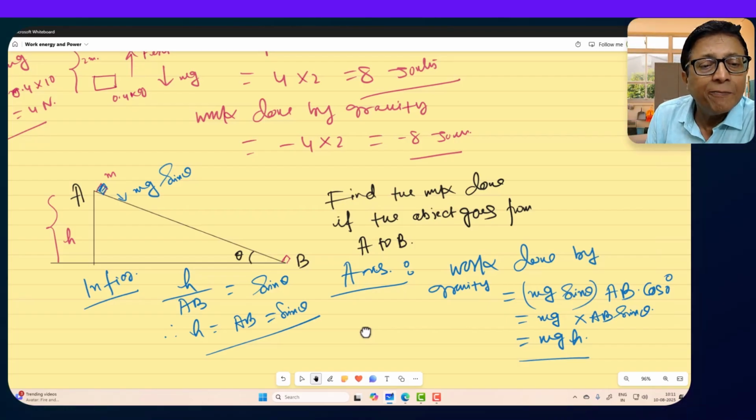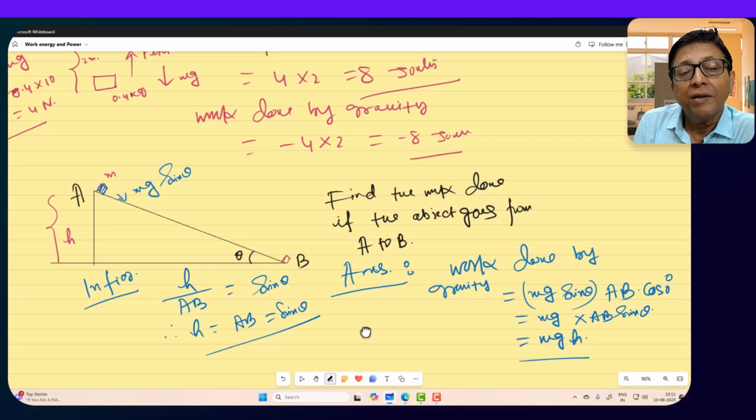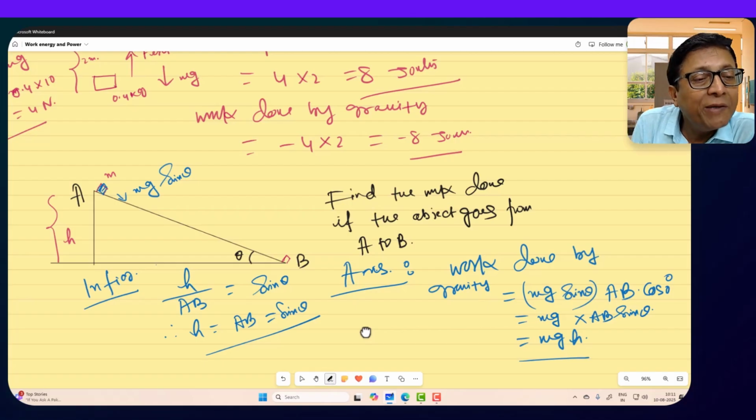One very interesting fact we will be observing here: if we have taken a different inclined plane here, instead of theta, I am just drawing one inclined plane.